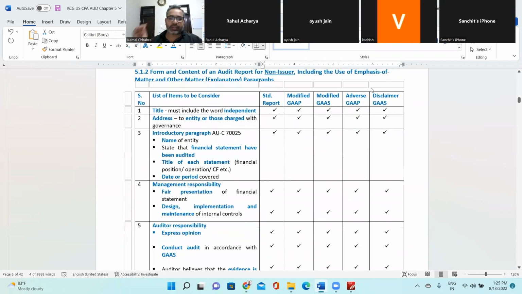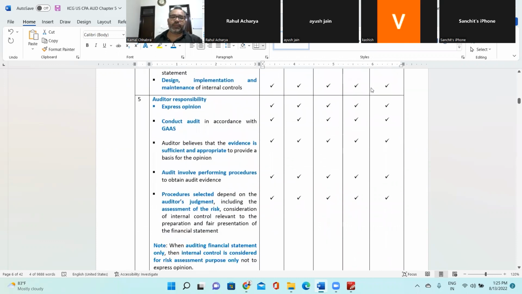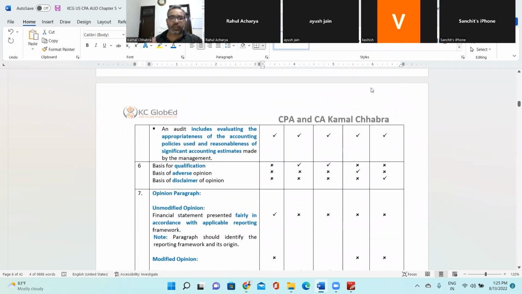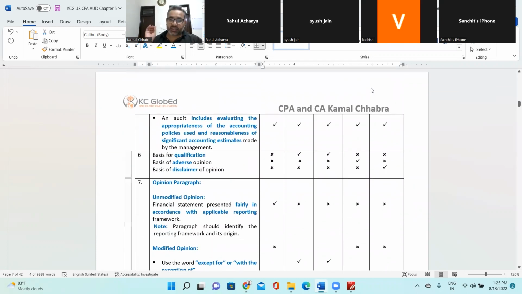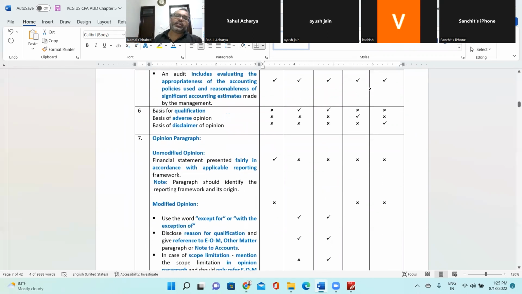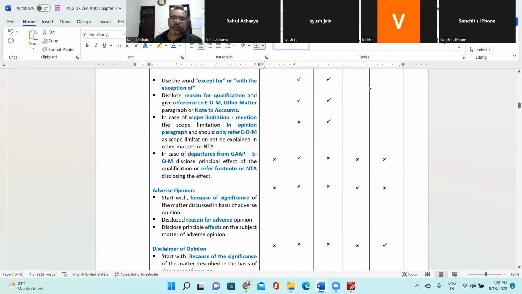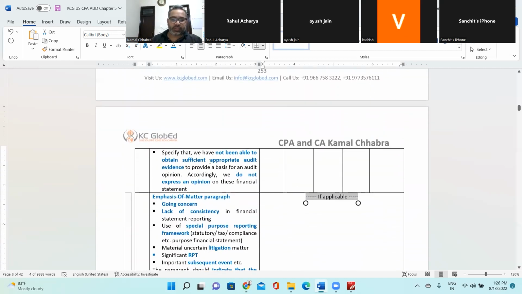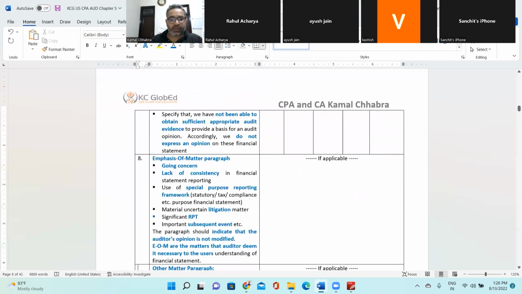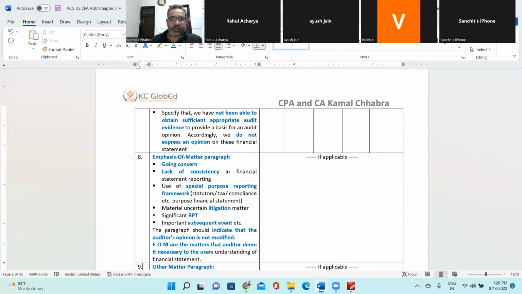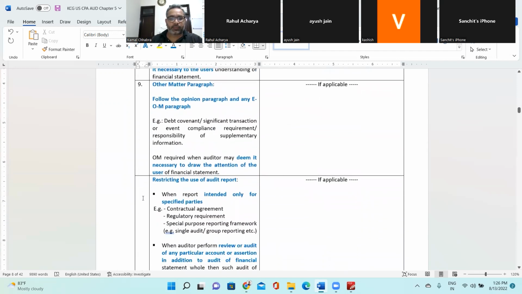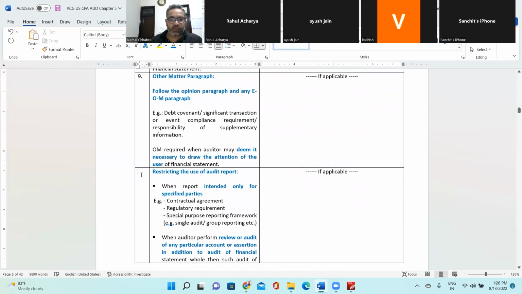First one is title, second is address, third is introductory, fourth is management responsibility, fifth is auditor responsibility, sixth is basis of qualification, adverse opinion or disclaimer of opinion if there is any, seventh is other opinion paragraph, then eighth is emphasis of matter paragraph, right? And after that, if you're giving other matter, then it is the ninth paragraph, and if you are adding restricted use, then it will be 10th.